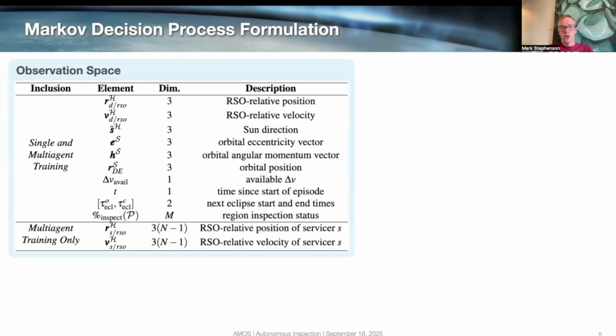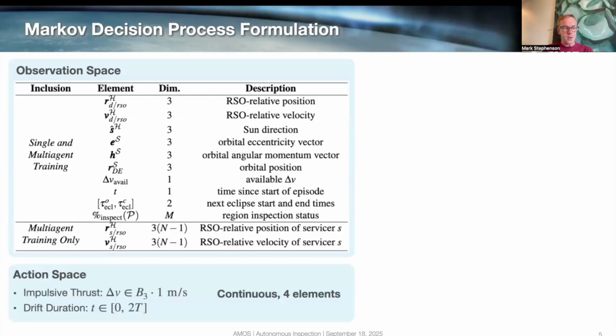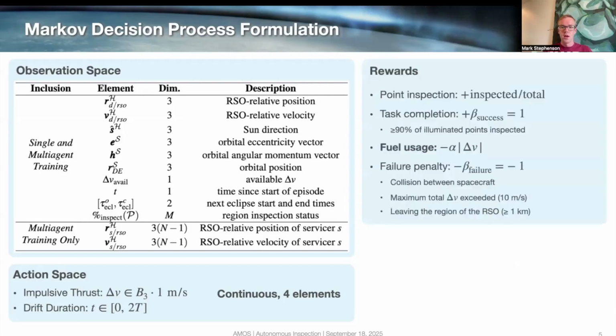In some cases, when we look at training with multiple agents, we're also going to include information about where the other agents are. The action space follows the problem statement. It's a four-element action space. The first three define what thrust we're going to perform, up to 1 meter per second. And then the fourth is how long we're going to drift after performing that thrust.